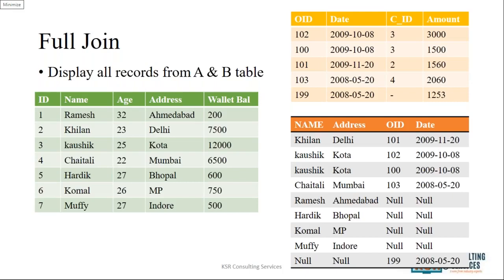Can you put it in a simple way? What is happening? Understand the orange table: all the records from table A and table B are being displayed, whether it may be a guest, a member, or a person who doesn't order also. We will get the data from both the tables.